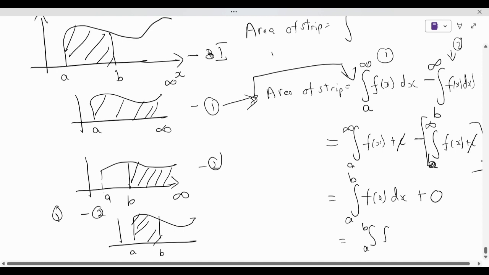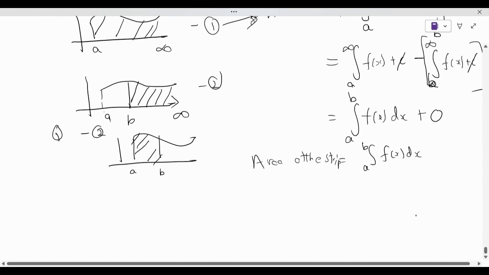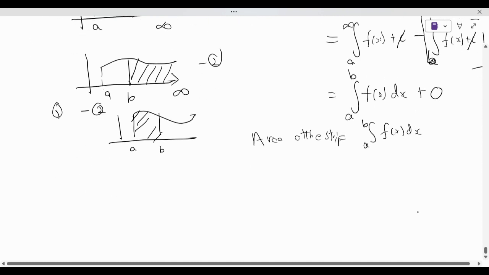So this is called a definite integral. Area of the strip is equal to the integral from A to B of f of x dx. Remember, there is no additive constant c, because c gets cancelled.